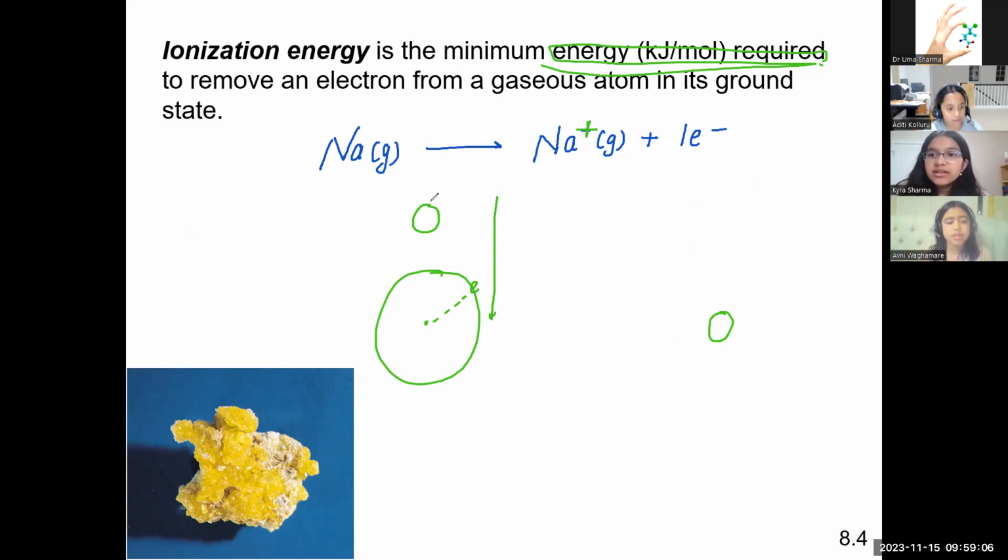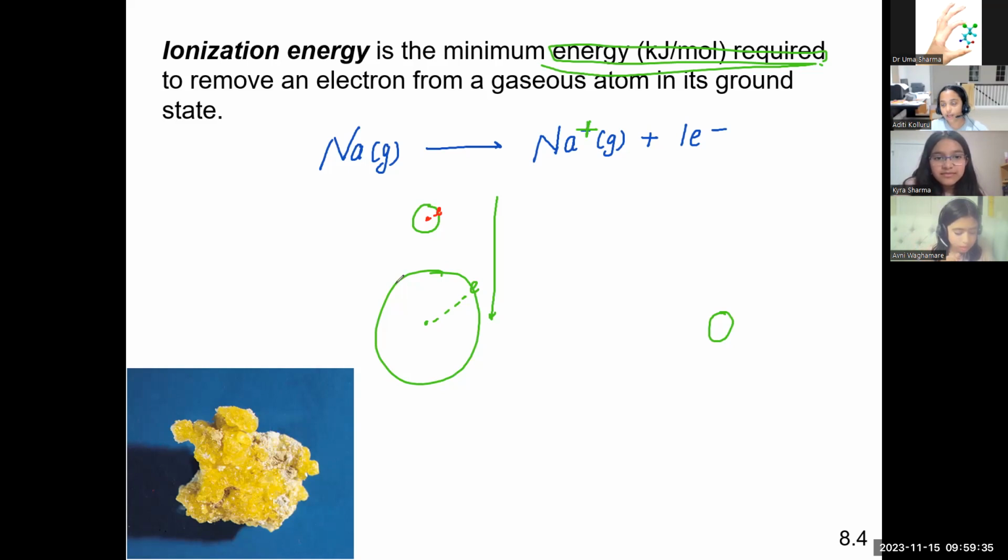It decreases, because of the distance. The size is bigger, so the distance of separation of charges is more, as more shells are piling up. If it goes farther away, the force of attraction is less.